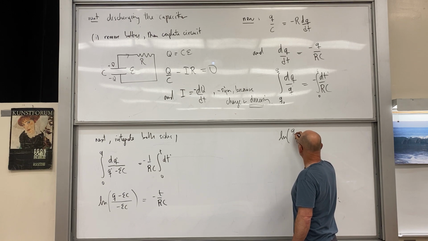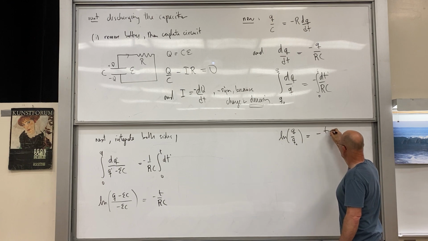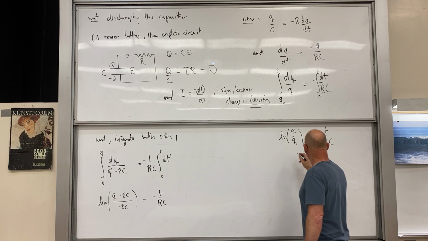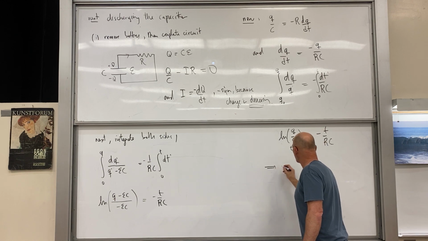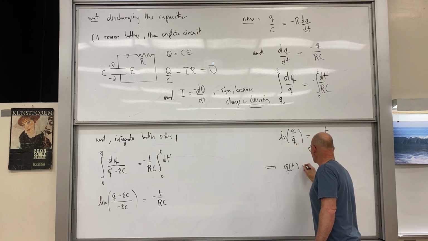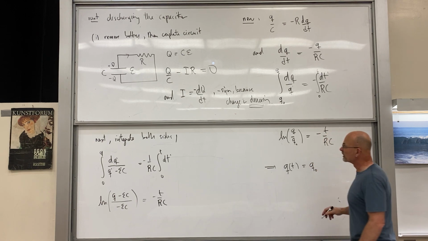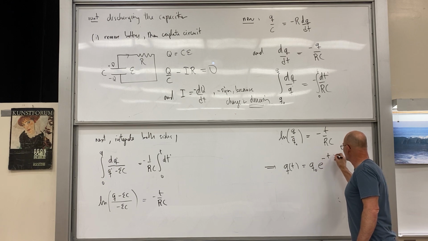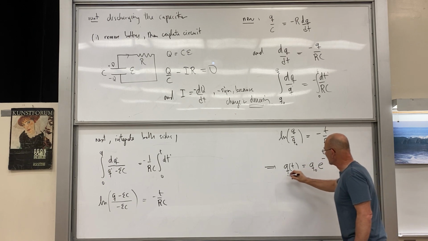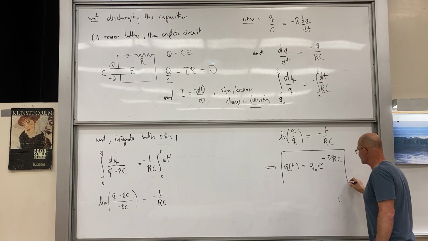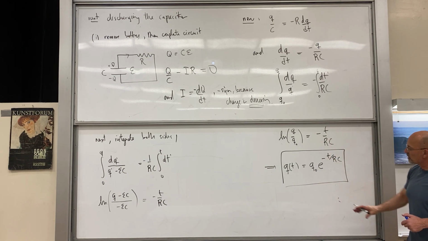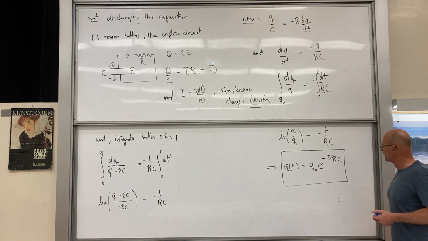Integration, natural log of q over q0 equals minus t over RC, and now we exponentiate again, and to solve, we end up with q of t equal to q0, which could have been our capital Q, but no problem, e to the minus t over RC. So we have charging it, and then we have discharging it.